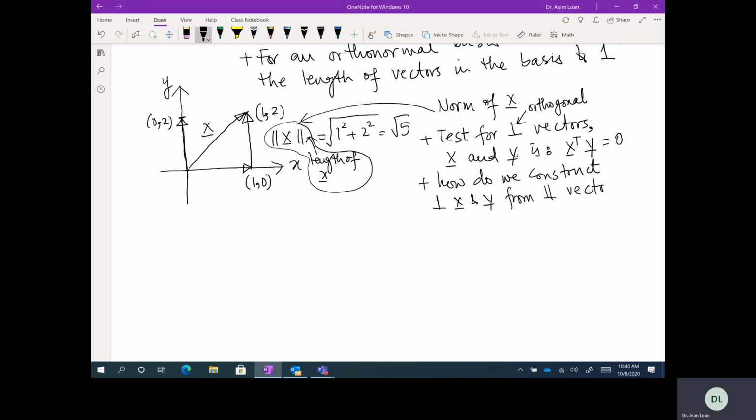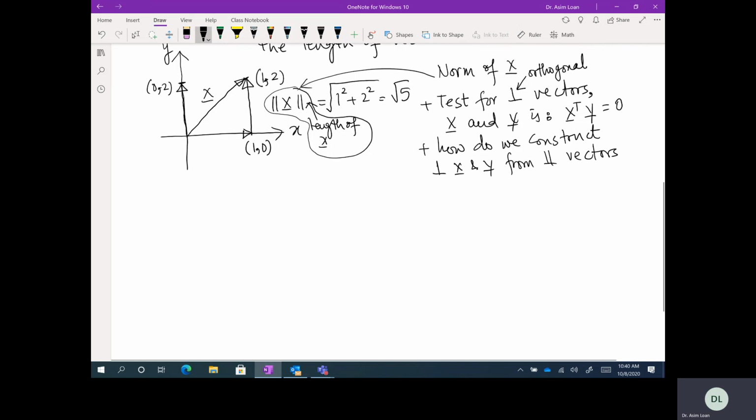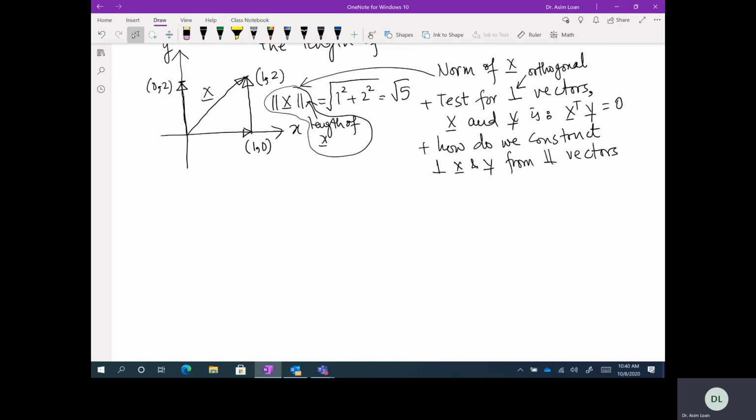This is the Gram-Schmidt procedure, which is probably the last topic in this chapter, and we'll see how we do that. Since vectors can be orthogonal, subspaces can also be orthogonal.